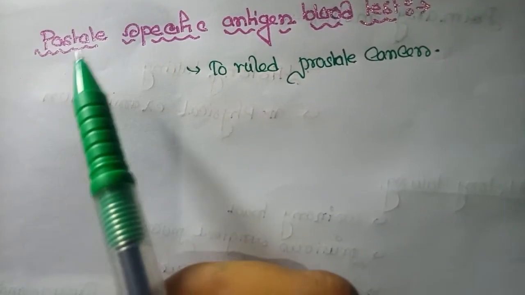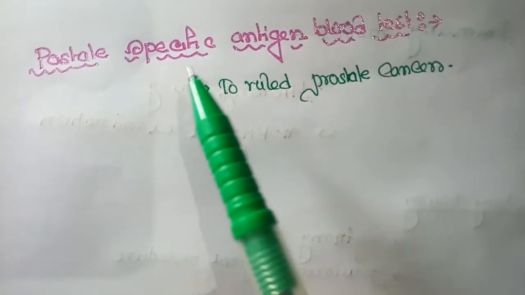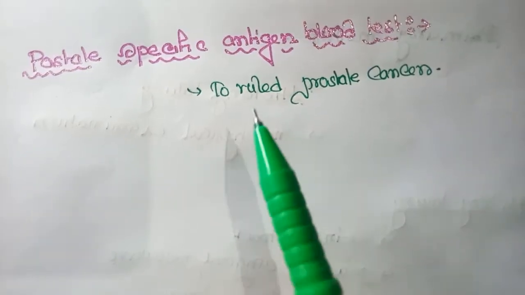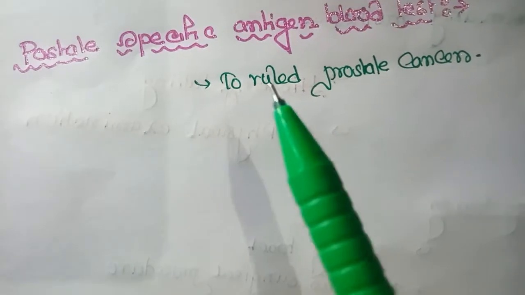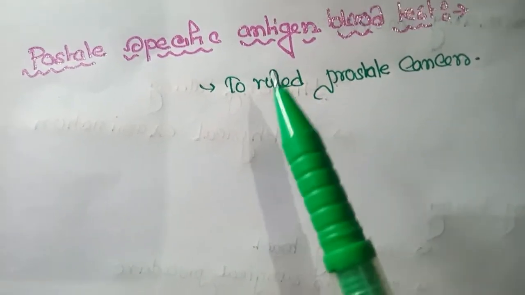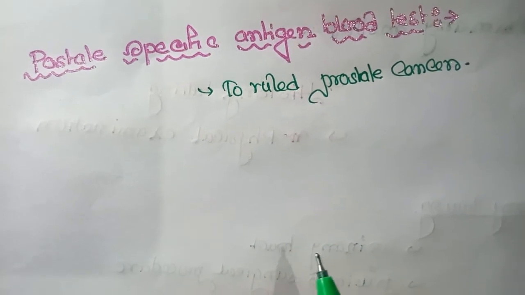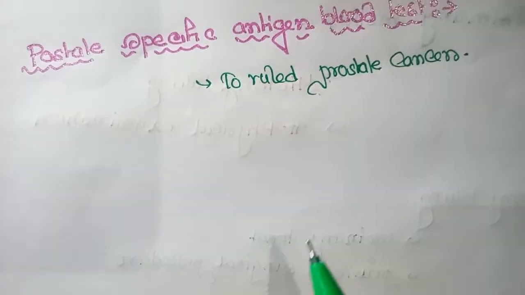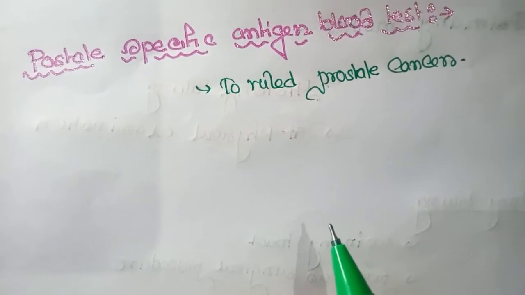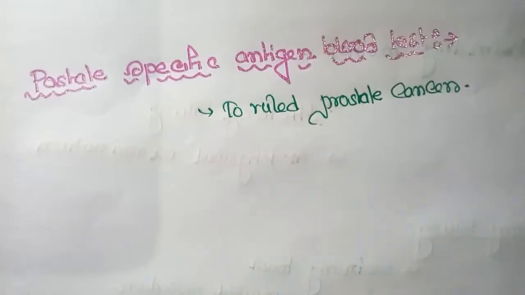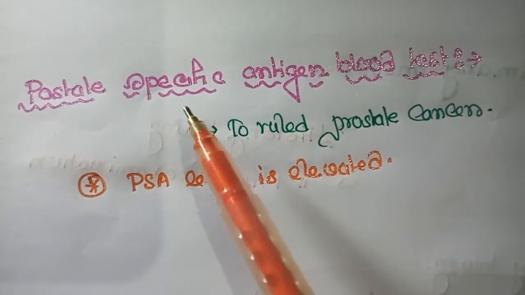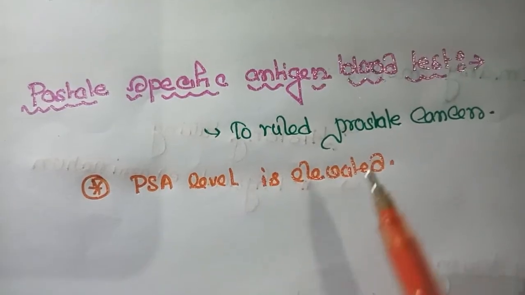Next, prostate specific antigen blood test. The prostate specific antigen blood test may be done to rule out prostate cancer. However, the PSA level may be slightly elevated in patients with BPH. So, in this test, the PSA level is not at a normal level.